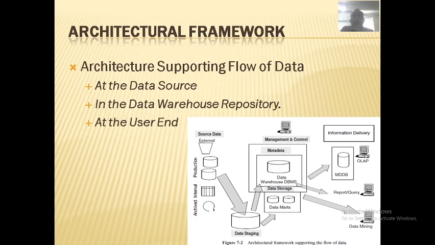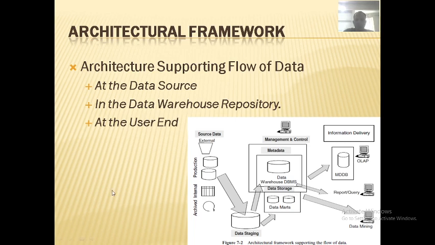How exactly will data flow? This is the architecture framework for supporting the flow of data at various levels: one at the data source level, second at the data warehouse repository where you are storing the data, and how the data will flow to the end users.